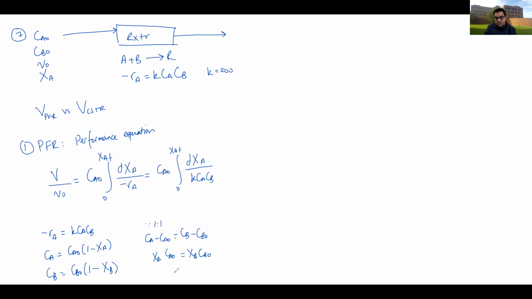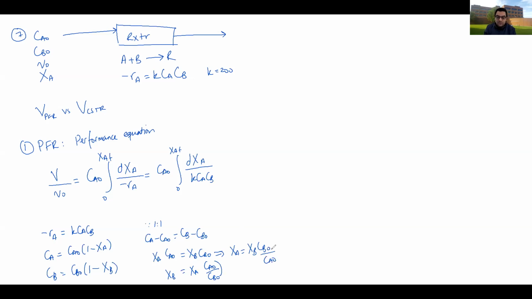So I'm going to rewrite this as XB is equal to XA CA naught divided by CB naught. Or if you want, you can say that XA is equal to XB CB naught over CA naught.